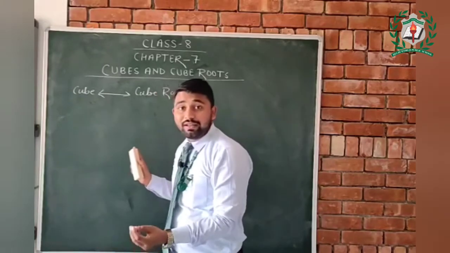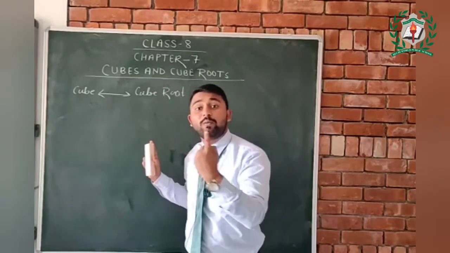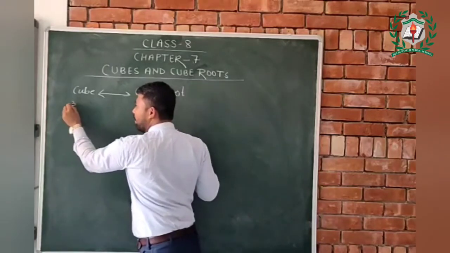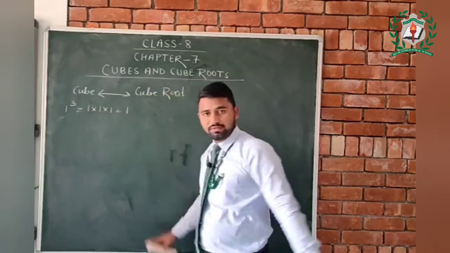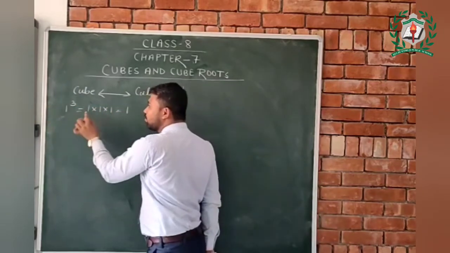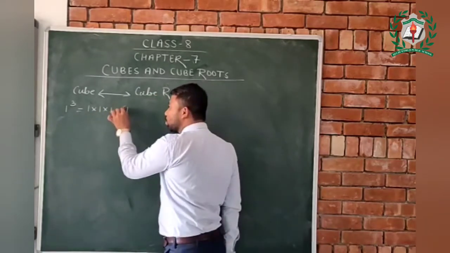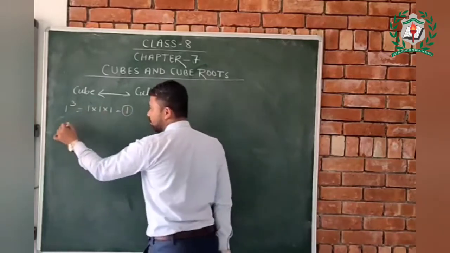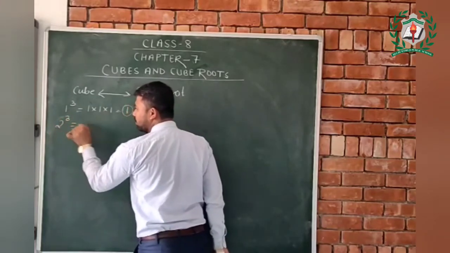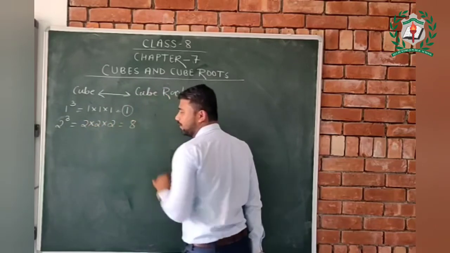Cube means multiply that number 3 times. If you want to find the cube of 1, that is 1 into 1 into 1, which is 1. The cube root of 1 is again 1. Now, the cube of 2 is 2 into 2 into 2, that is 8.